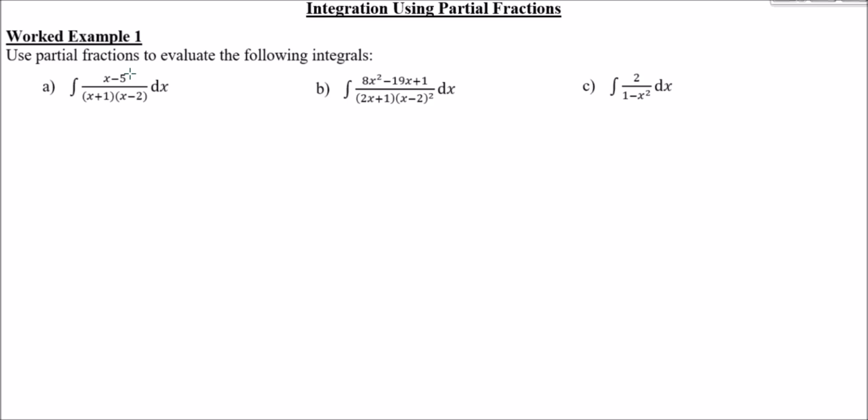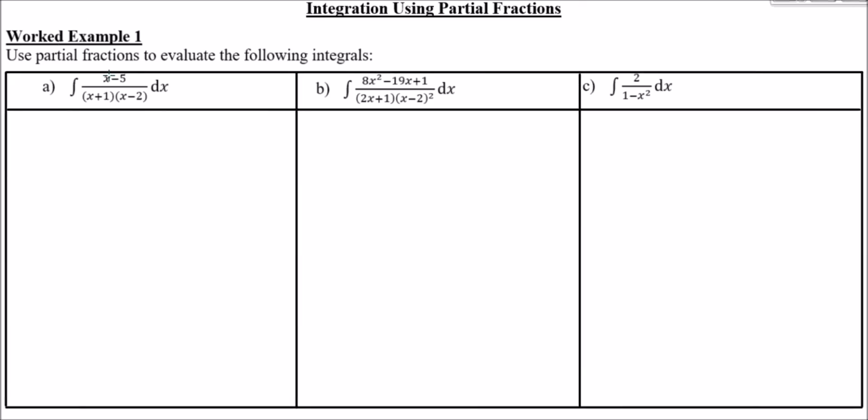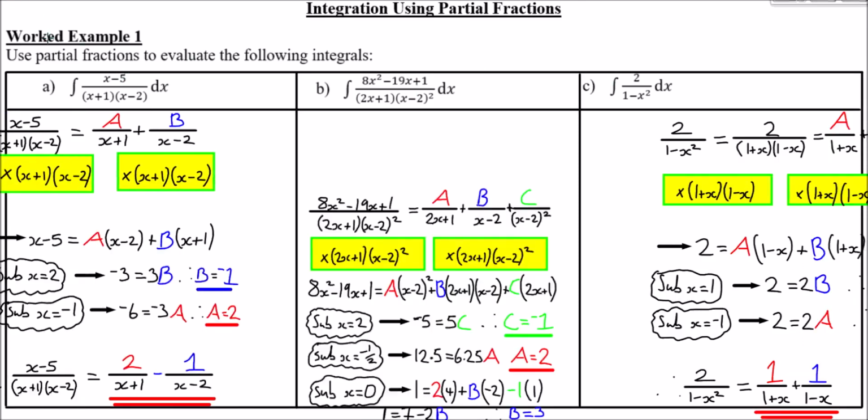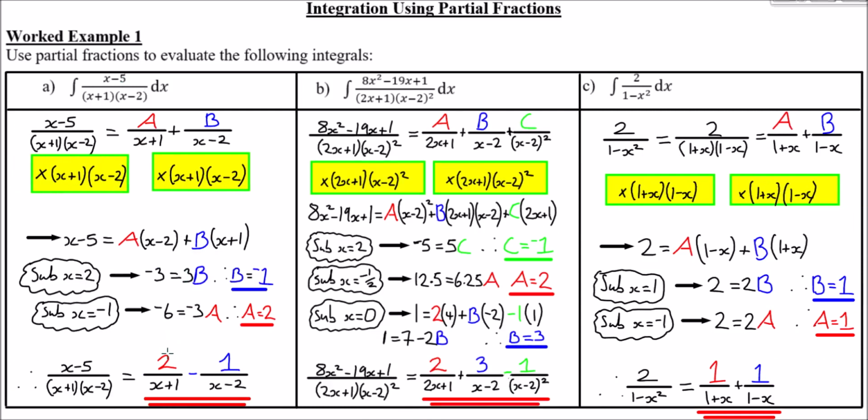So to recap from warm-up question 1, here's what we had for a, b and c if we split the integrands into partial fractions. So for a, we had that it becomes 2 over x plus 1 minus 1 over x minus 2. For b, we had this as the following, and c, we had this in partial fractions as well.